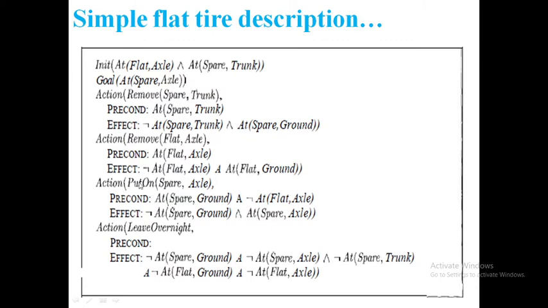Then what is the effect of placing this spare on the axle? After placing it, the spare will not be on the ground and the spare will be available at the axle. So these are the three things you follow.